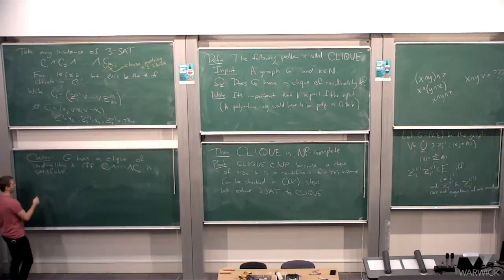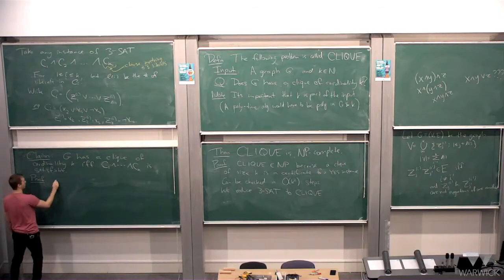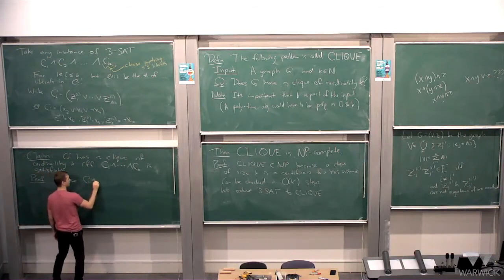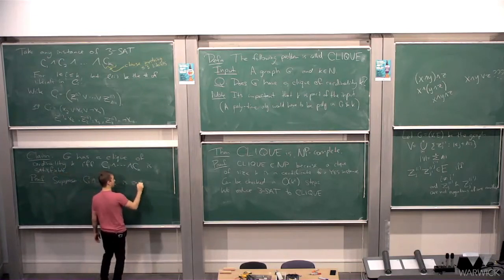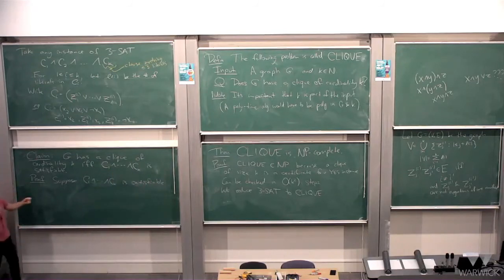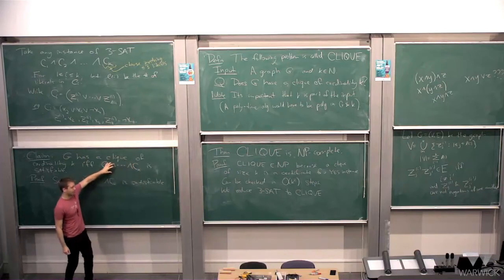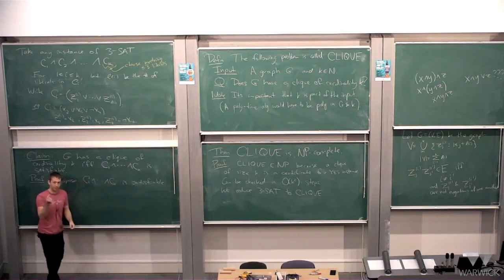Okay, so one direction: suppose that the expression is satisfiable. Remember this is a bunch of and things, so every single one of C1 up to Ck must have some literal that's true.